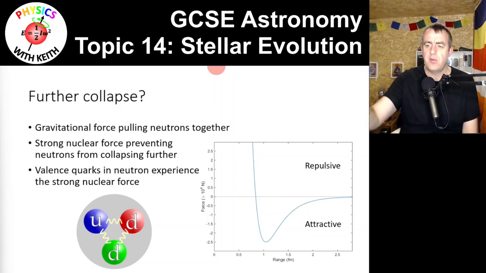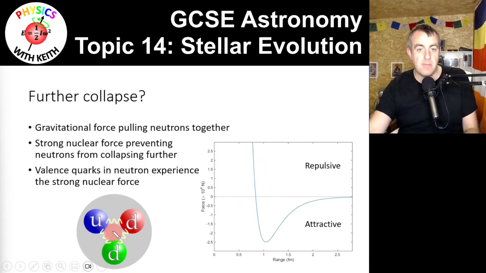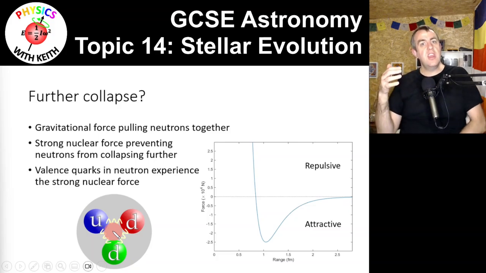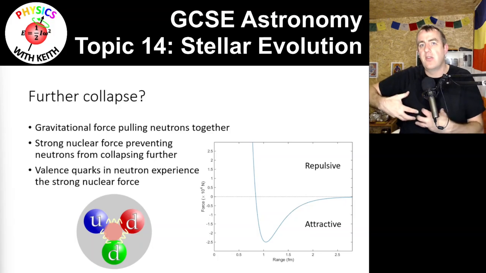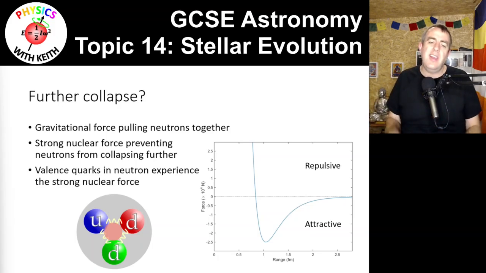So I took off the electrostatic repulsion part of this graph we saw earlier, but we still have strong nuclear repulsion at these short ranges of about 0.8 of a femtometer. So these quarks from neighbouring protons can't get any closer together, so we can't collapse down the neutrons any further.